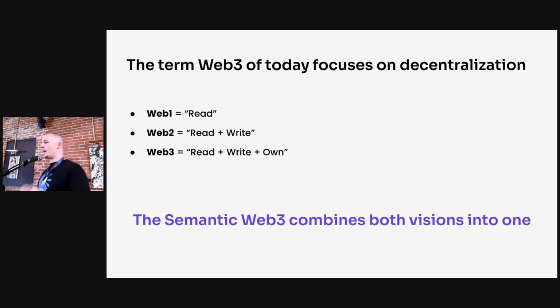We get the Web3 as we know it, the read, write, own Web3, as well as the properties of semantics. We're trying to bring that value from Web2, which all of these major companies constantly benefit from, basically from our data, the data produced by our usage of the internet. We want to bring this to Web3. So, all right, how do we do that? We will see over the next bunch of slides and a little bit of a tutorial.